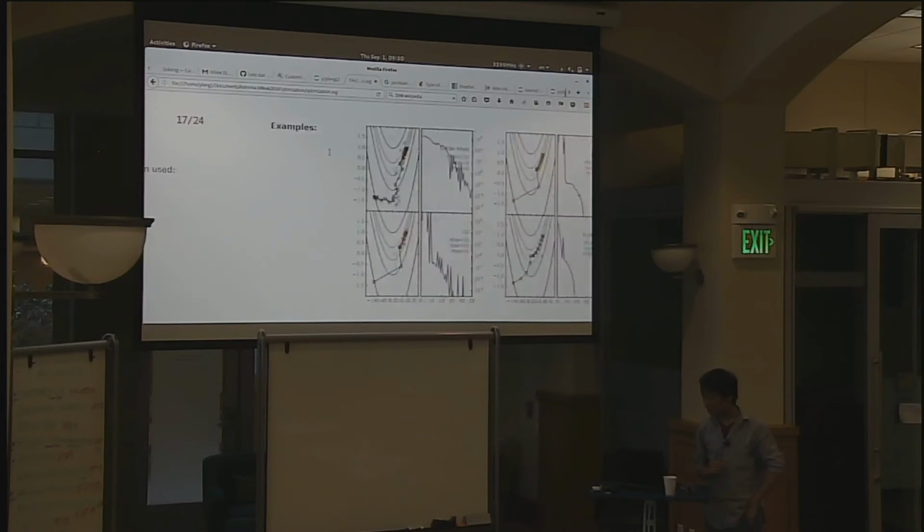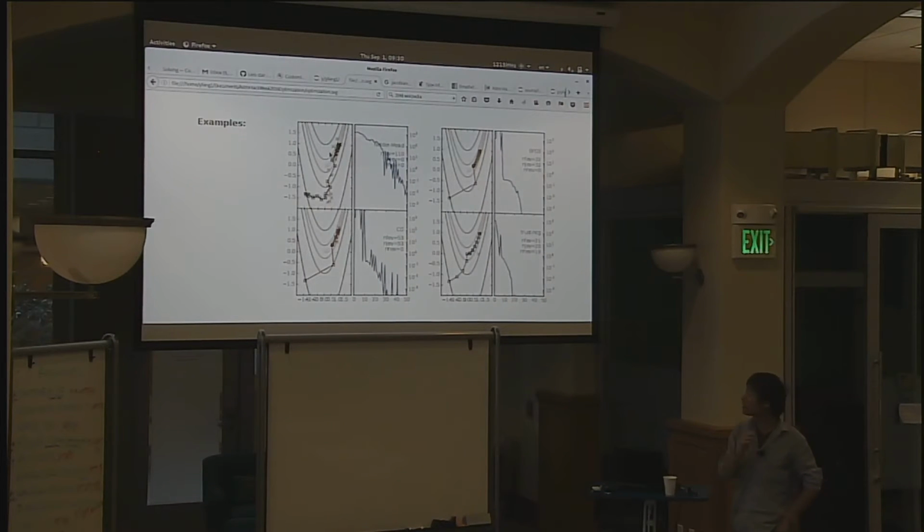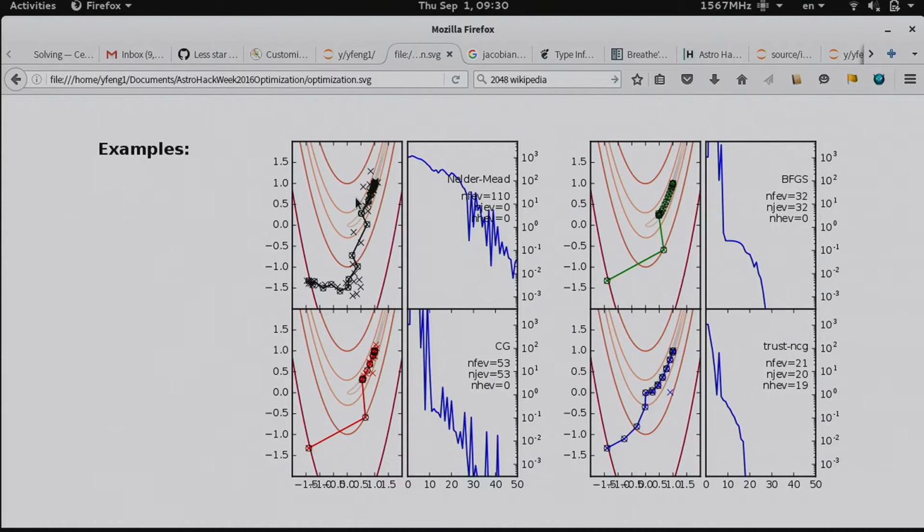So here are a few examples. I hope it's fairly readable. Okay, so I just doodled this in SciPy with 4 different algorithms, representative of different orders, and I tried to minimize the Rosenbrock function, which is usually a benchmark function for optimization.